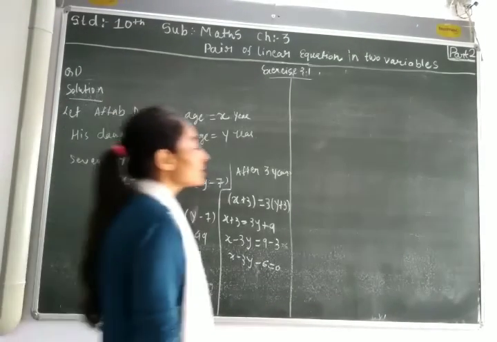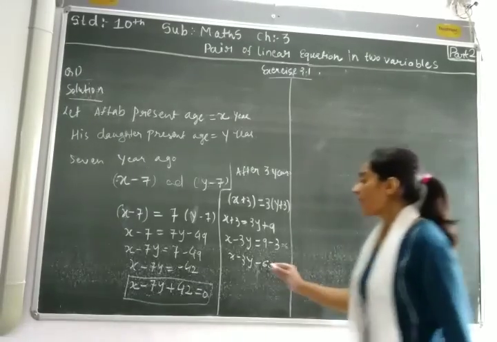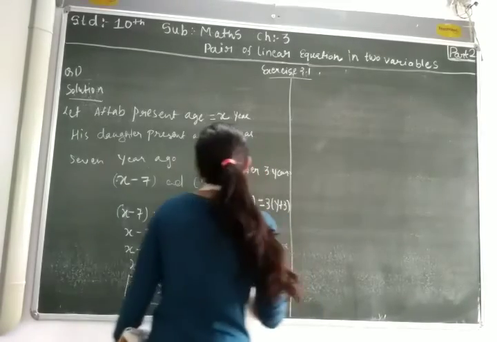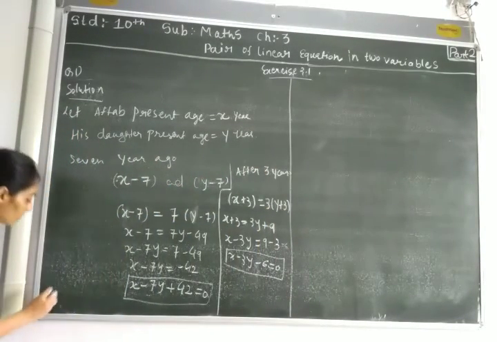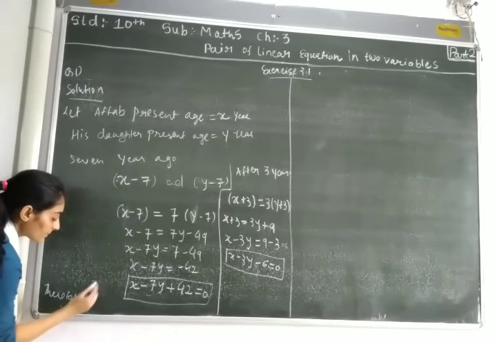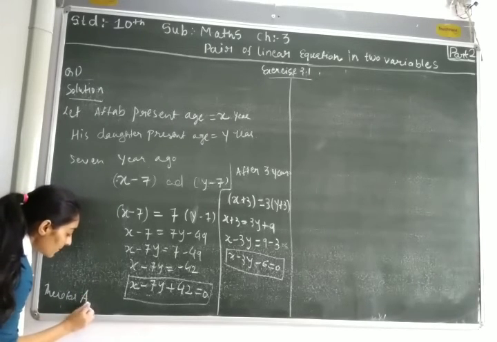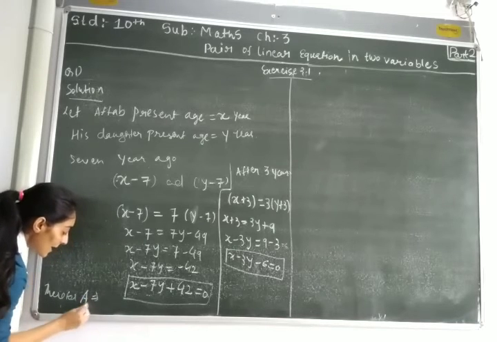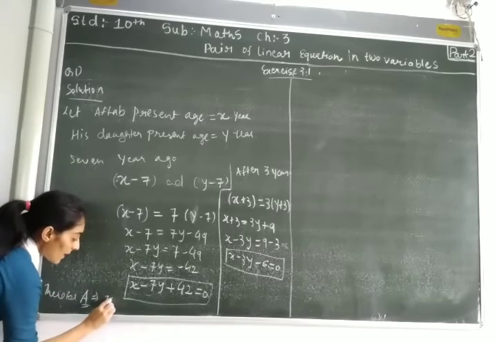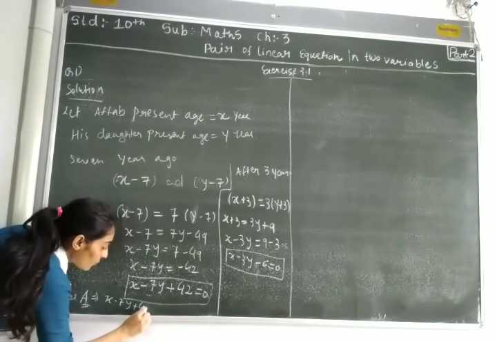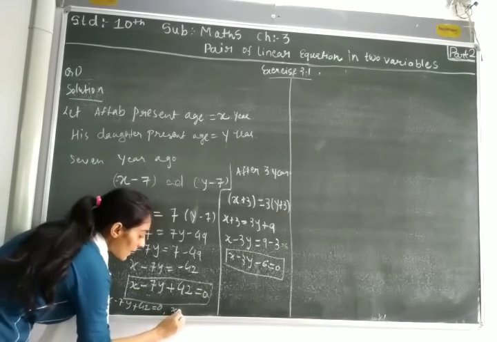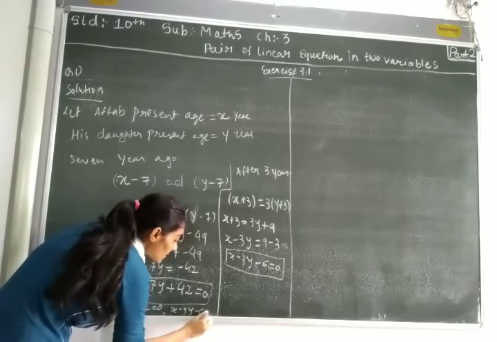Therefore, the algebraic representation: you have to write the algebraic expressions as x minus 7y plus 42 equals 0, and the second one is x minus 3y minus 6 equals 0.